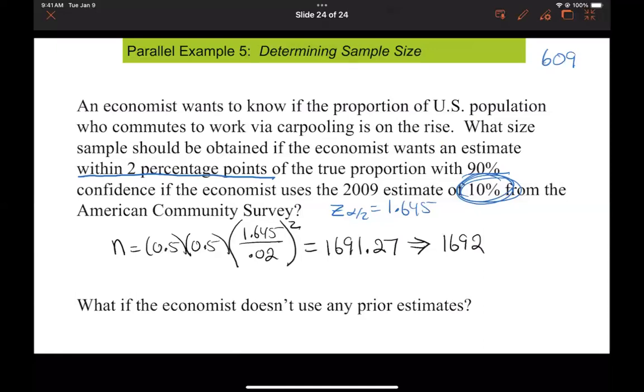Woohoo! But you always use 0.5 if you don't have a pre-existing estimate. You could do 0.25 if you want. You don't have to do 0.5 times 0.5. You could have just entered it like this.